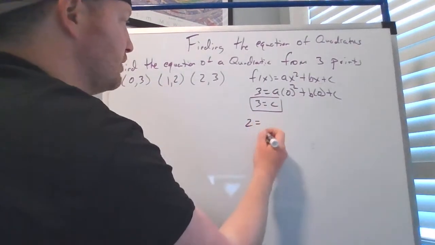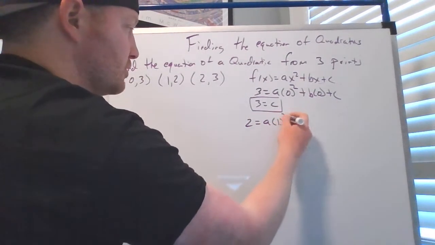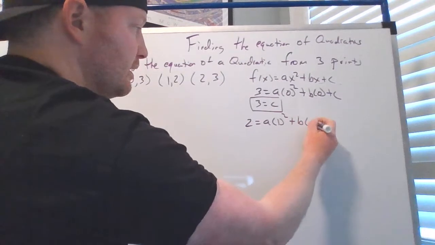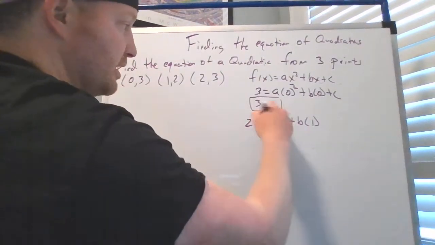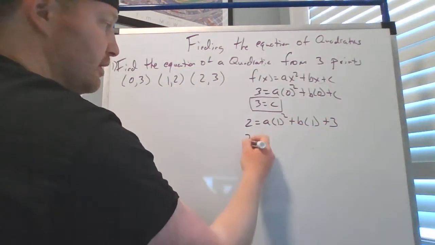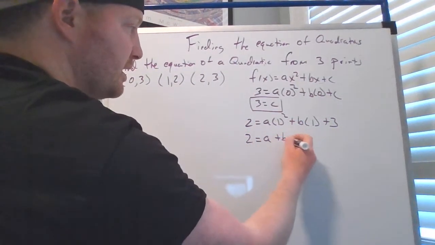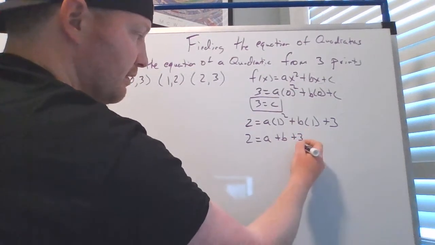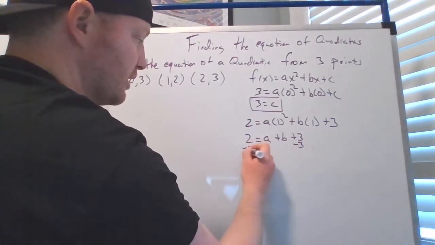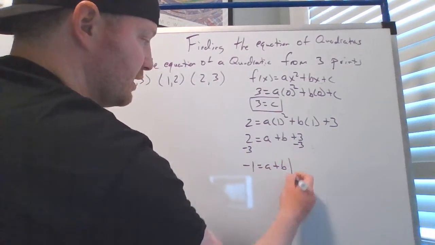So 2 equals a times 1 squared plus b times 1. We already know c is 3. Go ahead and put that in there. Plus 3. Carry this out. 2 equals, 1 squared is 1, this is a plus b plus 3. Let's make our life simple. Subtract 3. So -1 equals a plus b.